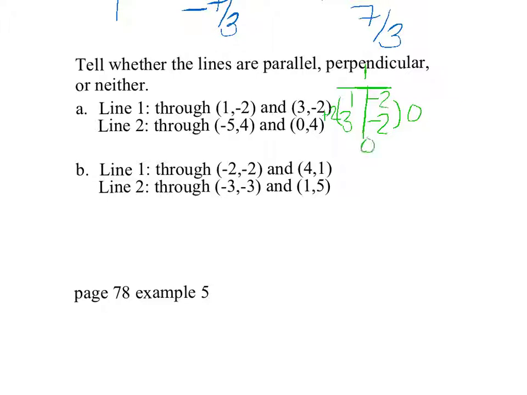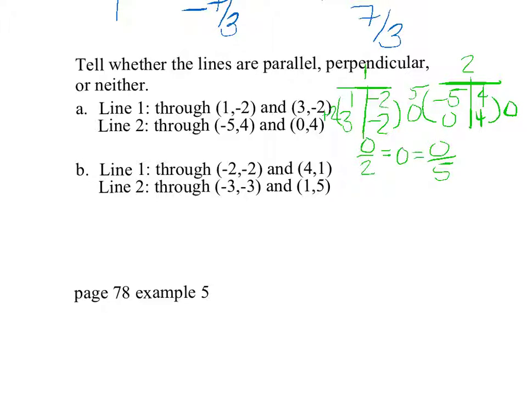So for line 1, I get 0 over 2. For line 2, let's see, I've got negative 5, 4, and 0, 4. I add 0, and I add 5, so I get 0 over 5. Now either way, both of these reduce to 0. So we're going to say that for line 1 and 2 in part A, they are parallel because they have the exact same slope.